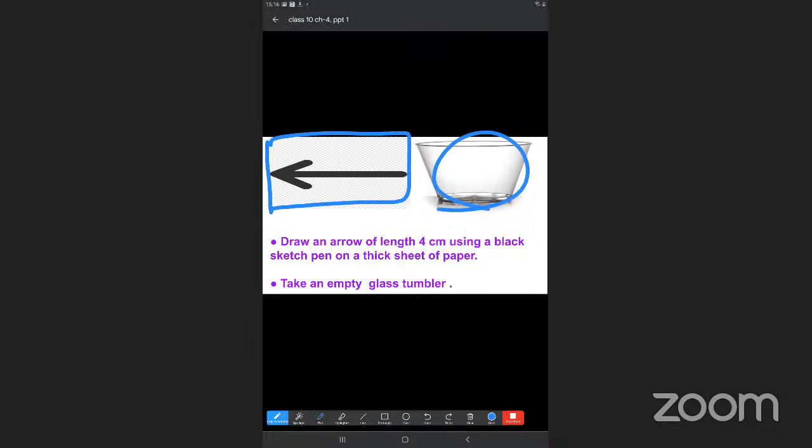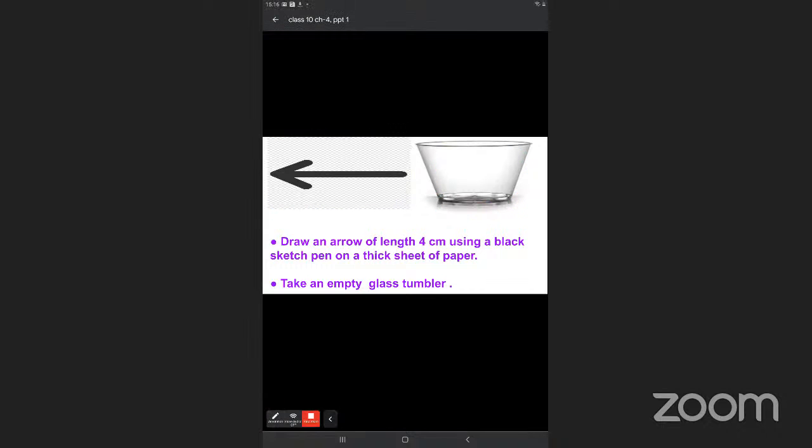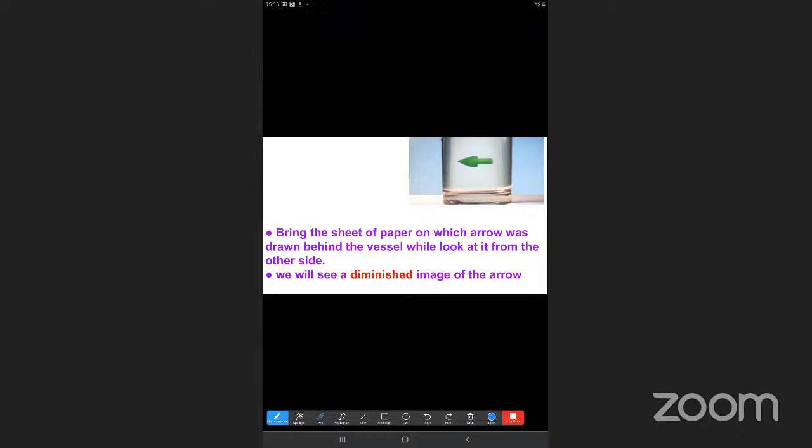Now bring the sheet of paper on which the arrow was drawn behind the vessel and look at it from the other side. We will see a diminished image of the arrow.